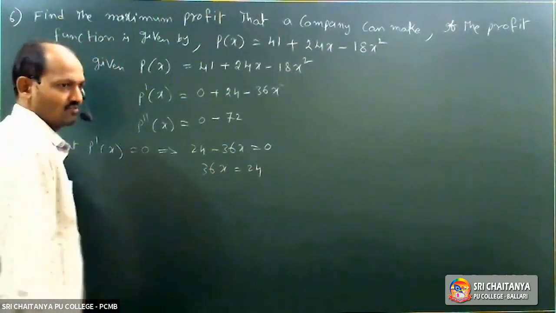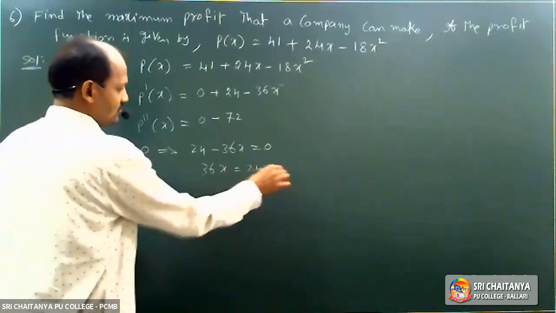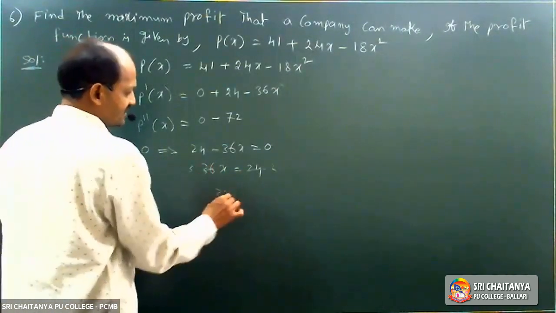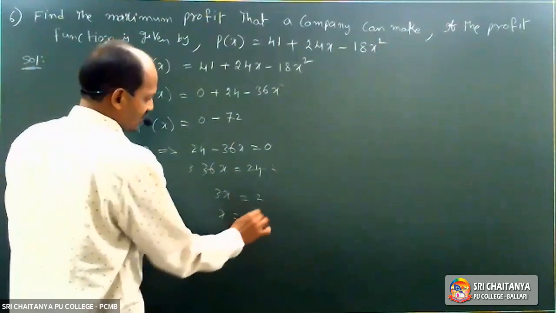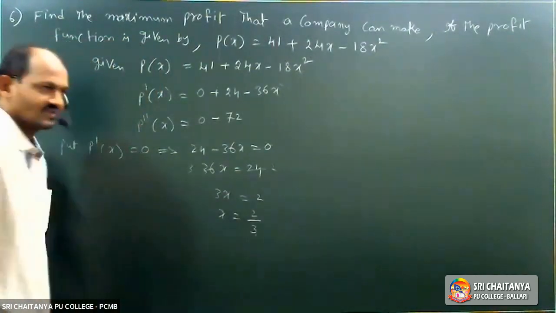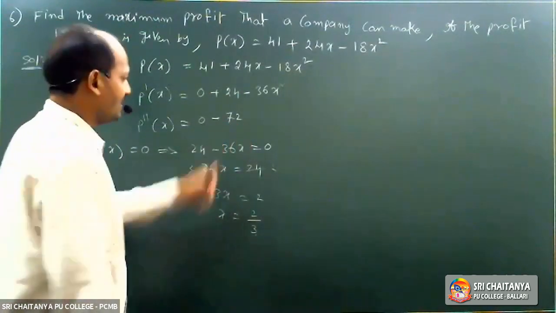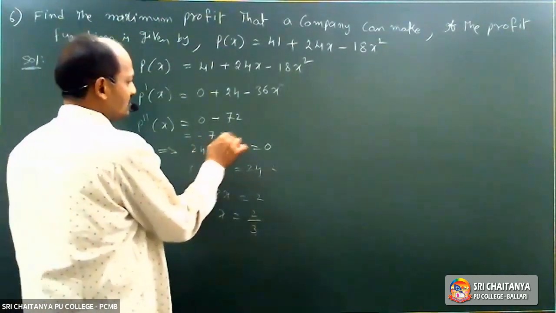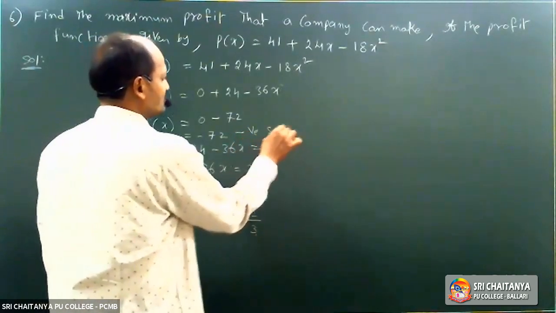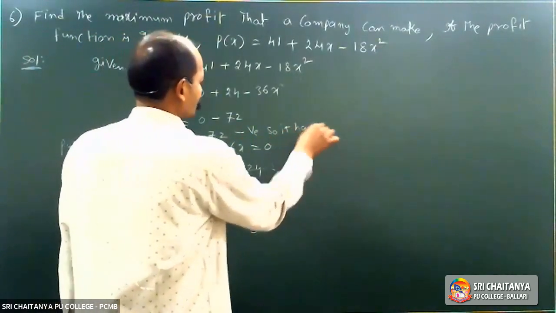It is divisible by 12. 3x is equal to 2. x is equal to 2 divided by 3. Already here second derivative is minus 72. Second order derivative is negative, so it is a maximum.